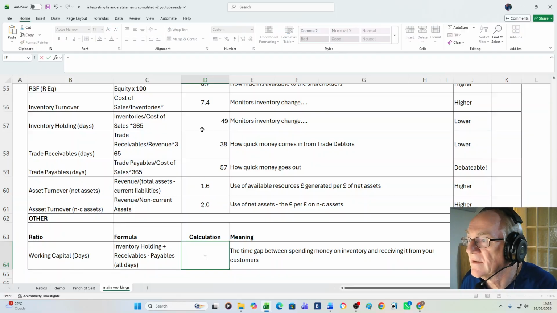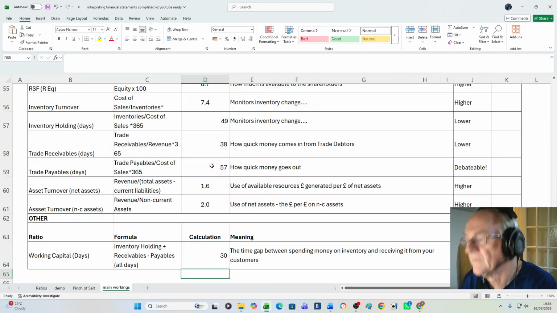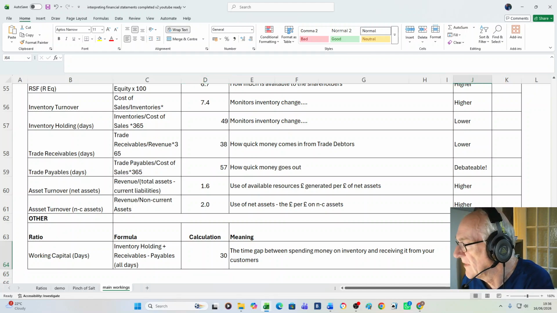And it is the inventory days, how long it's sat on the shelf, plus the time getting it in from your customers, minus how long you took to pay your suppliers. 30 days. So you have to finance that. You have to buy the inventory, whether it's used in a service or actually whether it's what you're selling. So this could actually be negative. You would actually want this to be as low as possible because you haven't got to finance it.